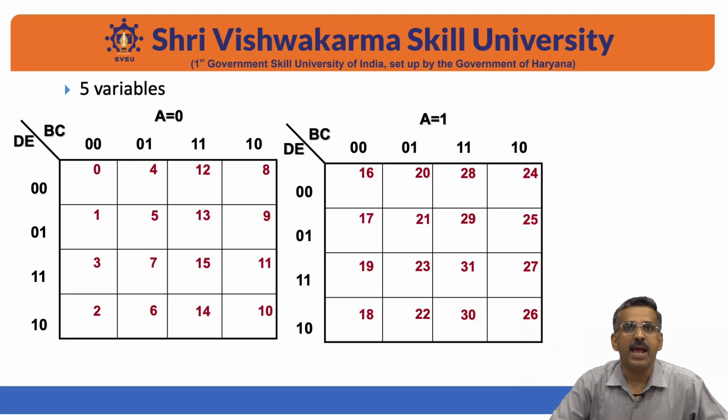Similarly, we can have the Karnaugh map table for 6 variables, in which the number of cells is 2 raised to power 6, that is 64 cells, required to prepare this Karnaugh map table.